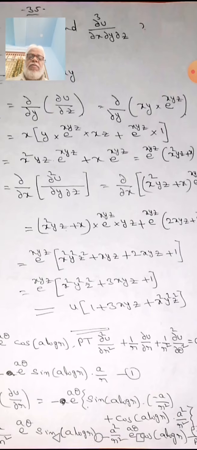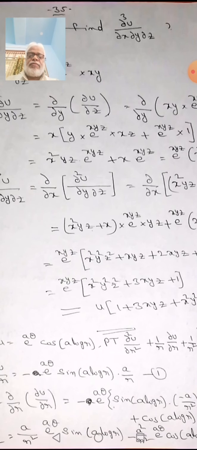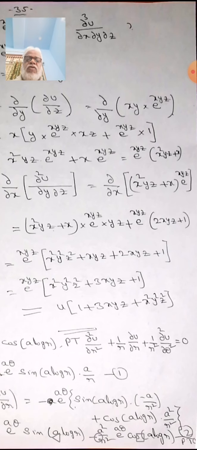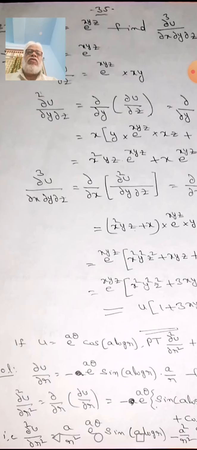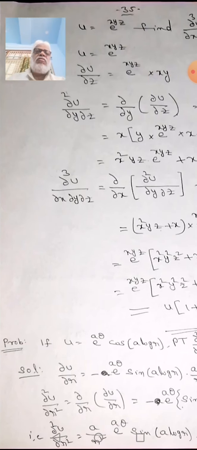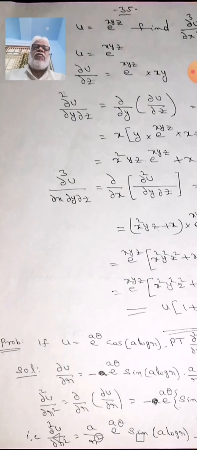So finally e power xyz can be written as u of (1 plus 3xyz plus x square y square z square), which is the required solution for the given problem, that is if u is equal to e power xyz.